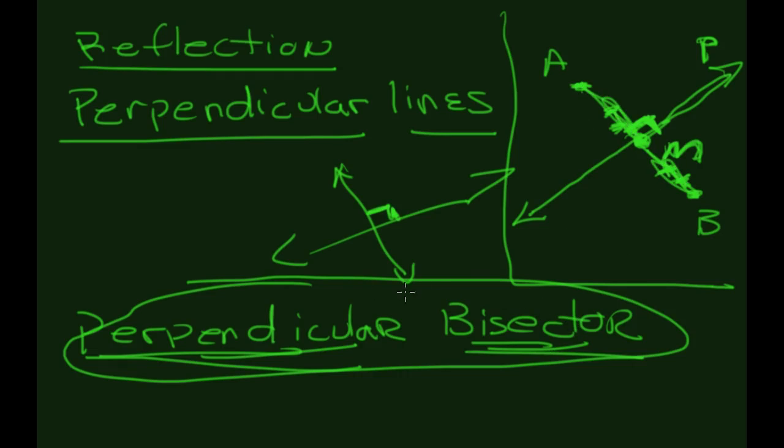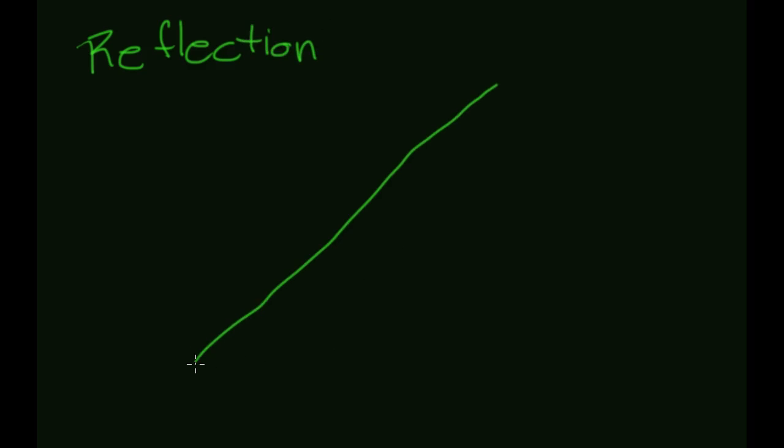So these are terms that we're going to use to talk about reflections: the idea of perpendicular lines, and then, in turn, a perpendicular bisector. So then, what is a reflection? What I need is a line.